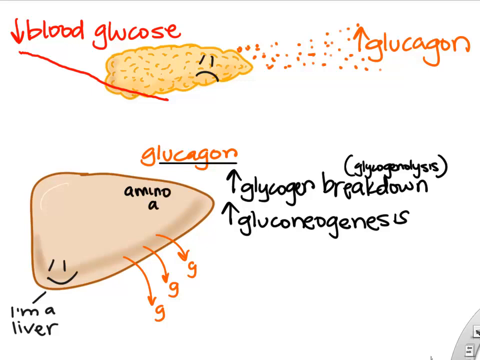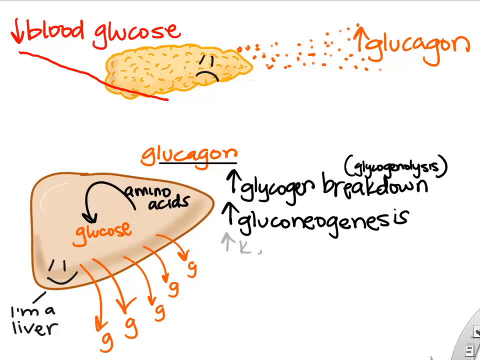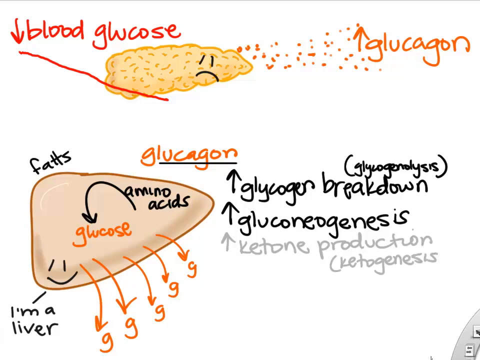Glucagon will also tell those cells to make new glucose called gluconeogenesis. So things like amino acids can actually be converted into glucose, new glucose. Glucagon also tells the liver cells to make ketones. Ketones are made from fat metabolism, and the ketones can be thought of as an alternative fuel source.